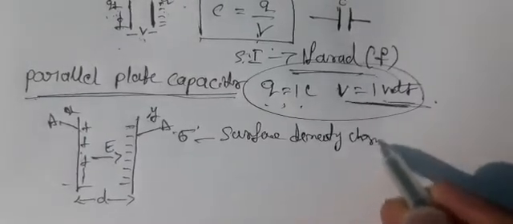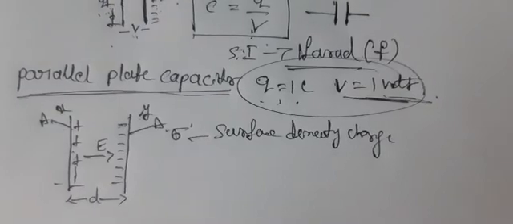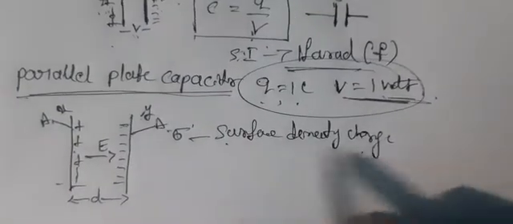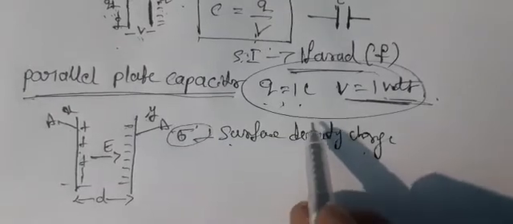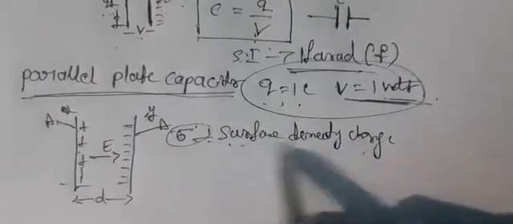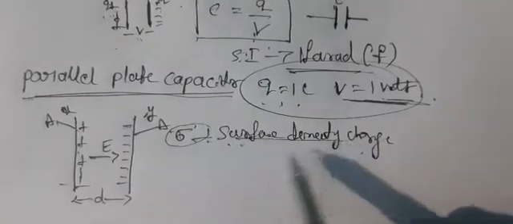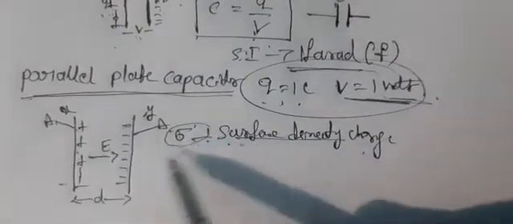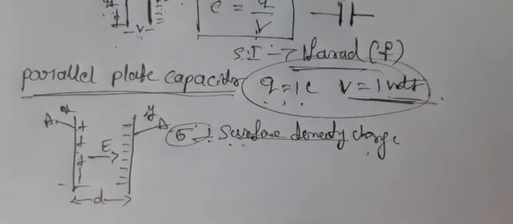What is density? Density means mass by volume. The surface charge is represented by the symbol sigma. The charge acting for unit area is called surface charge density.